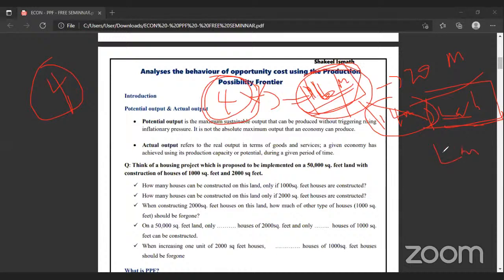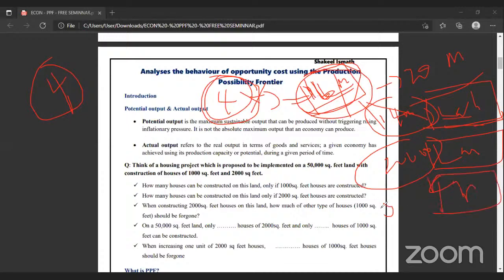Number 2, land resource. Sri Lanka's land resource, just remove the rivers and everything, the actual land resource. Just say for example, we have 200,000 acres of land available now. And capital resource, machineries and everything.